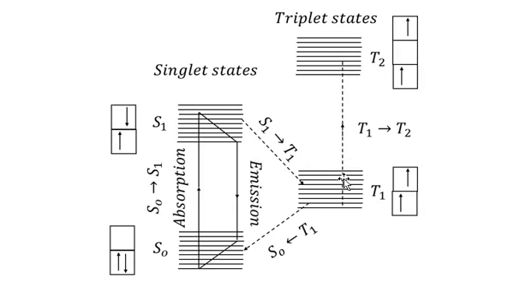Although the population will decay after some time to the ground state, and then the population will be available back at the ground level of the singlet state S0 for the pumping process to take the system back to the higher energy singlet state S1.